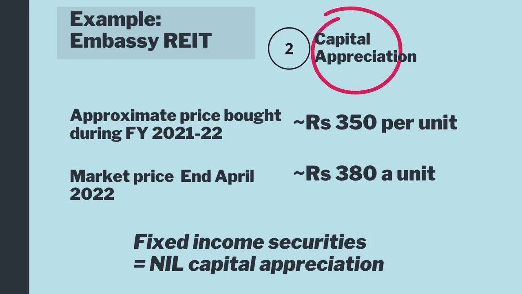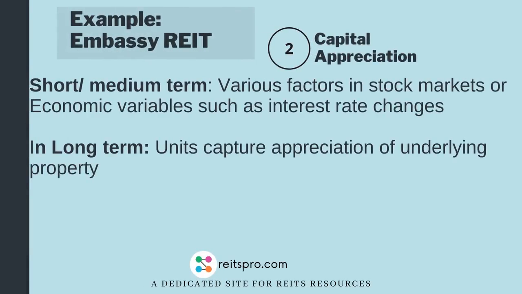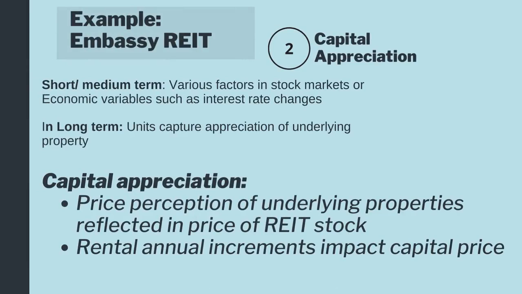Now, the capital appreciation happens in the short or medium term because there are various factors in the stock market, or there are economic variables such as interest rate changes. But in the long term, the units definitely capture the appreciation of underlying properties. So it has been seen generally that properties appreciate over a period of time. So the price perception of underlying properties is in fact reflected in the price of REIT stocks.